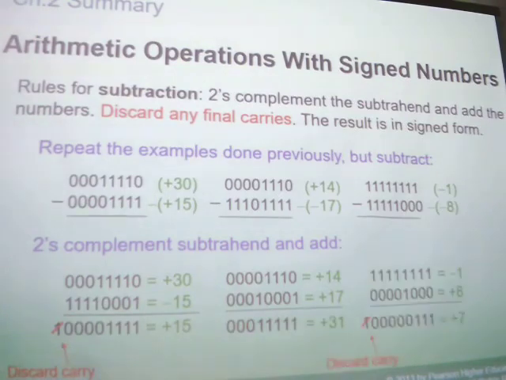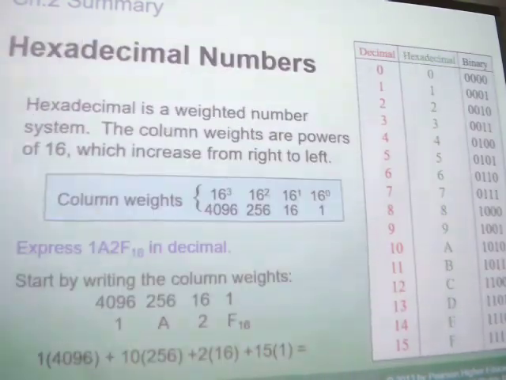Hexadecimal numbers. We should remember this table.